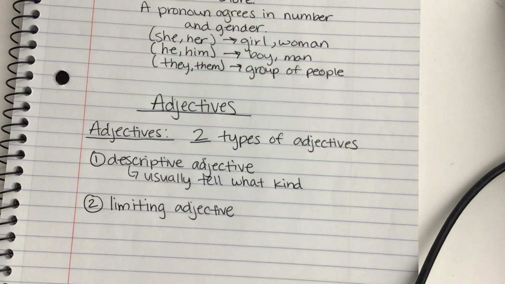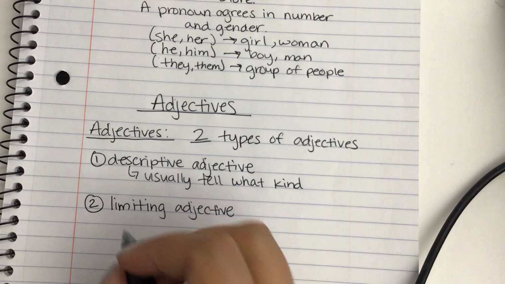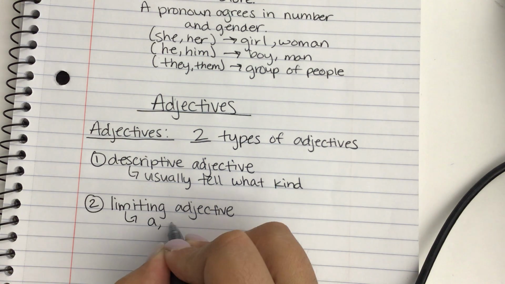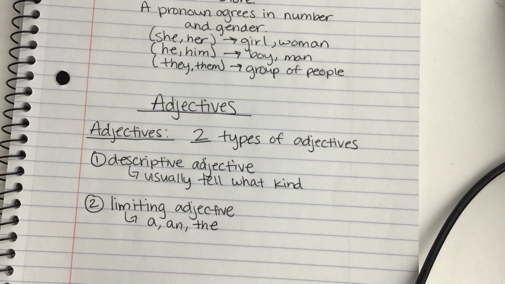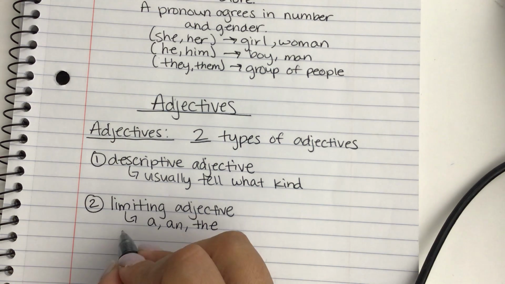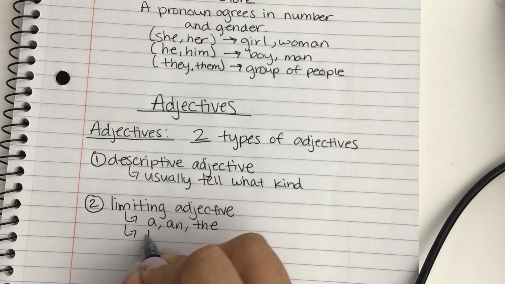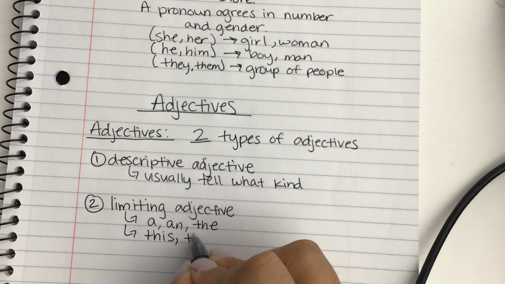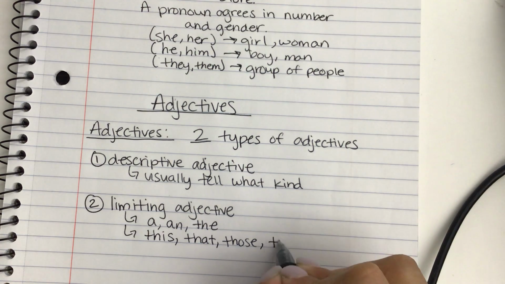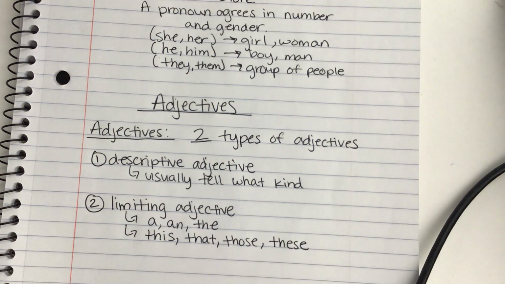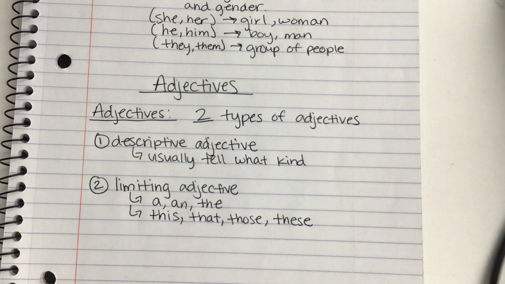Okay, they include something called determiners. So they're memorized. That's why they're memorized, because they determine something. So for example, we have a, and the. Okay, we also have this, that, those, and these.